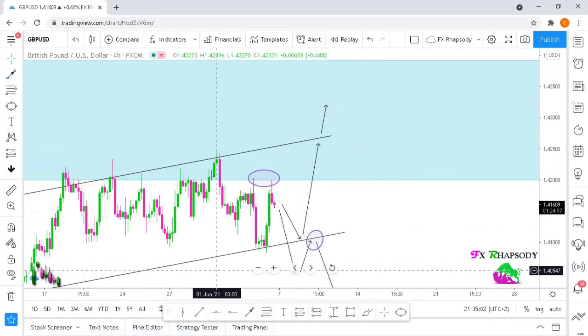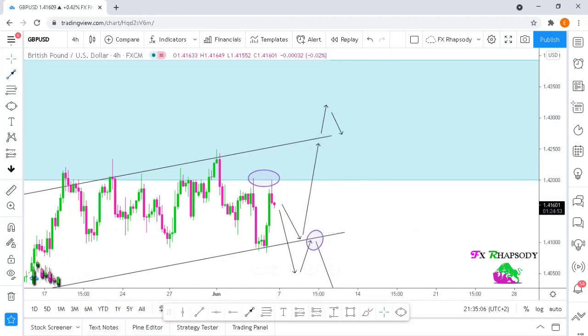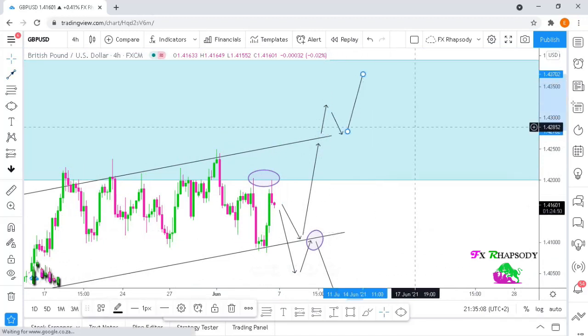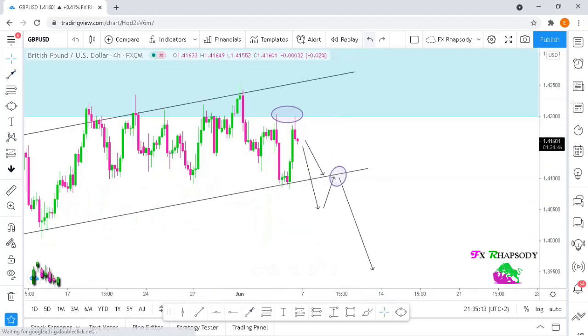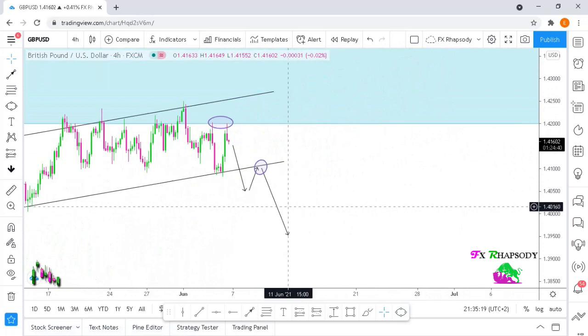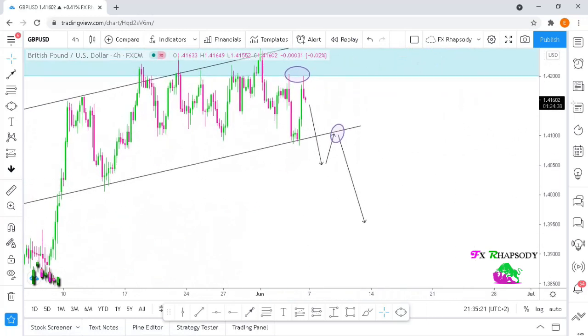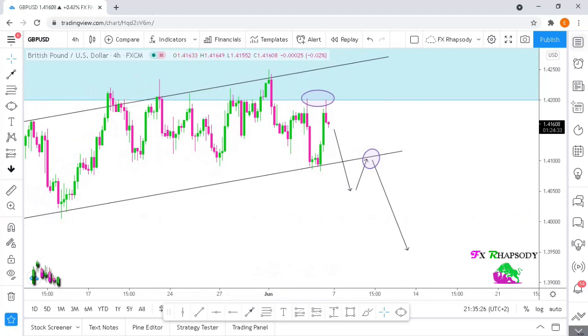And as soon as it breaks, we don't buy on the break, we wait for that retest and then we buy. So guys, this is all a waiting game. The pound has been strong, but as we can see, it's been losing its momentum, losing a bit of steam.